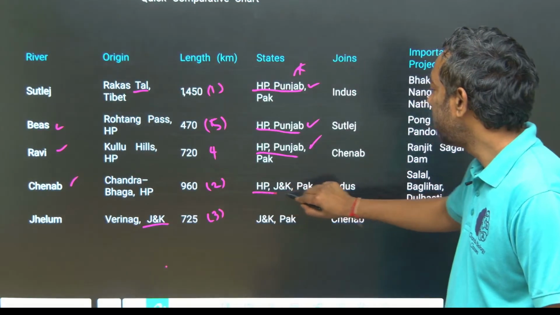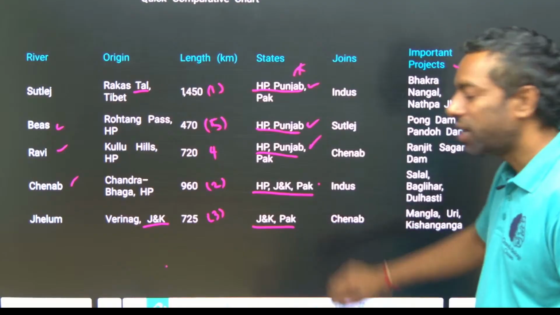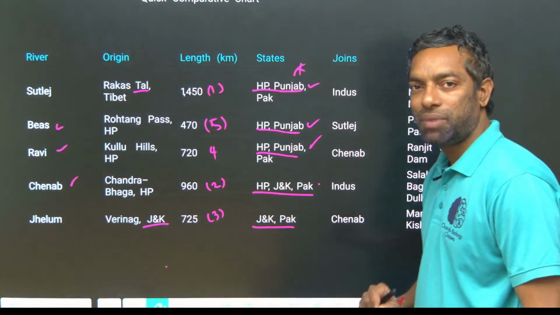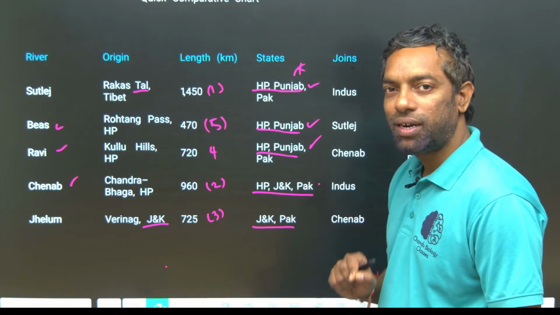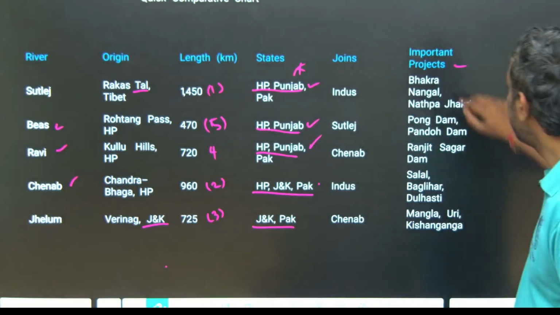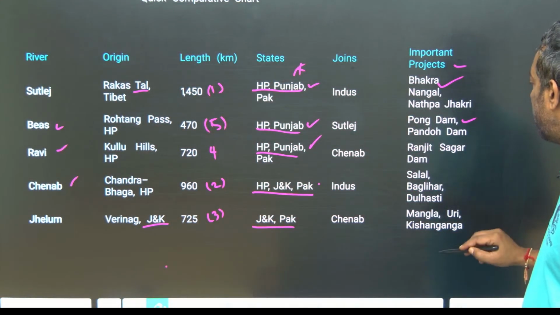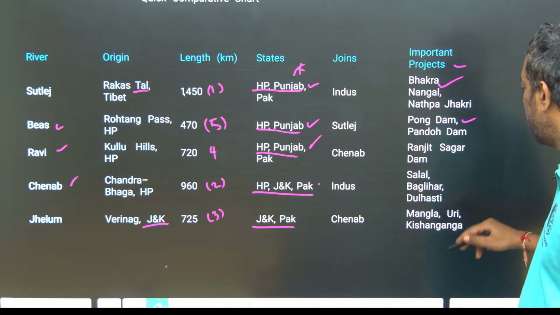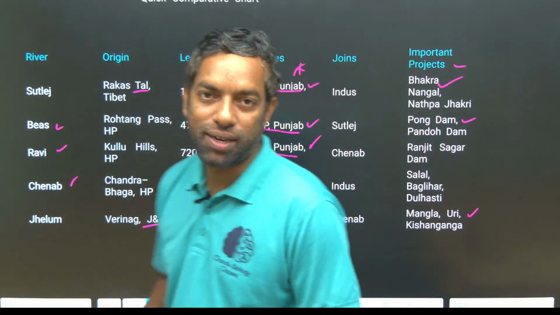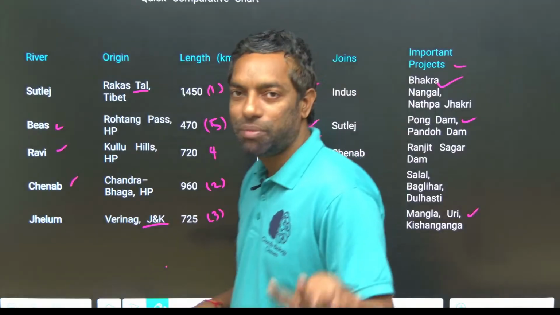Chenab is Himachal Pradesh and Jammu Kashmir. Jhelum is only Jammu Kashmir. Bakra Nangal project is important. Pong Dam is important, like Mangla. Guys, this is the chart for the five rivers of Indus tributaries.